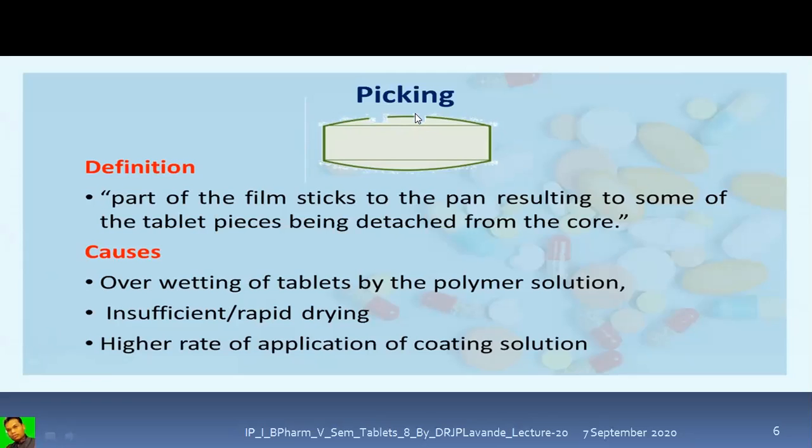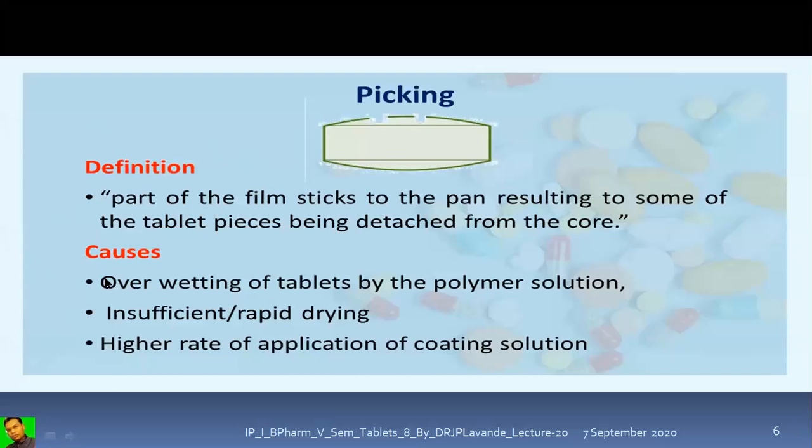That is also called picking. But there it is associated with the punches, here it is associated with the pan. That is the basic difference. There it was associated with the tablet surface, here it is associated with the tablet coatings. Are you getting my point?